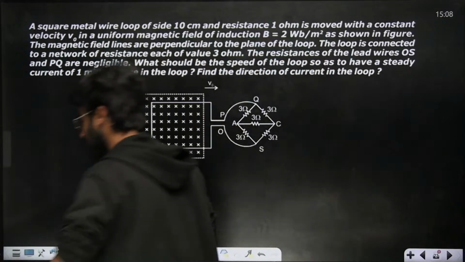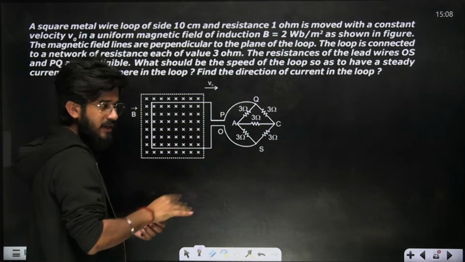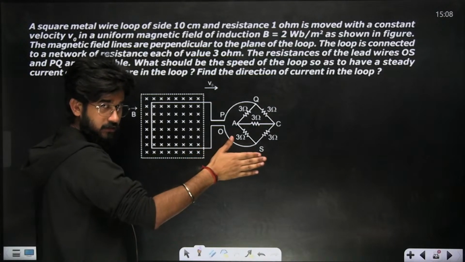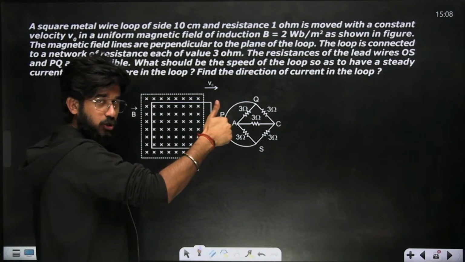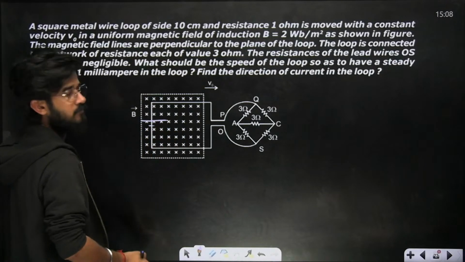If it is moving in this direction, V is in this direction, B is inside, V cross B means positive charge is upside, negative charge is downside, so the battery will be something like this.